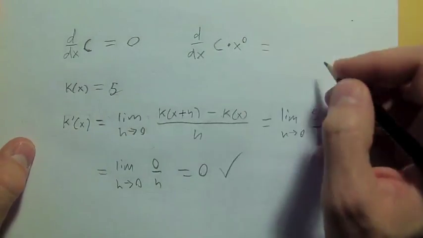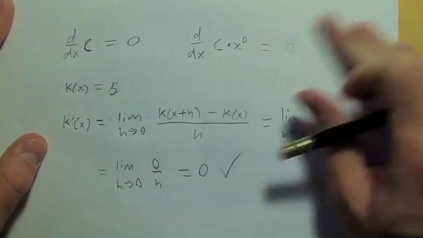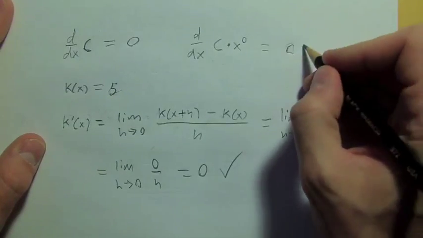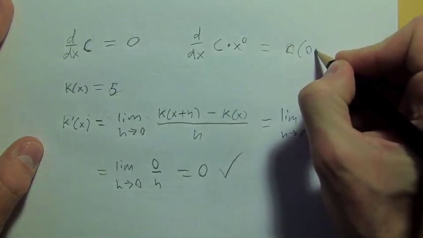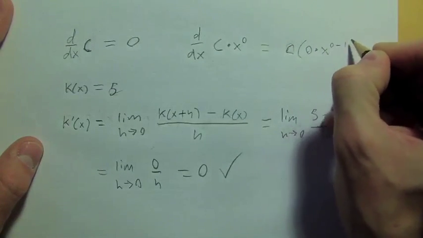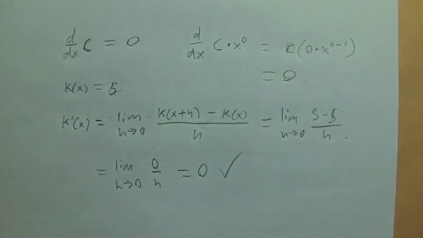If you use the power rule on that, you'd have the constant come along for the ride, and then the derivative of x to the 0, which using the power rule would be 0 times x to the 0 minus 1. And the whole thing will come out to be 0.